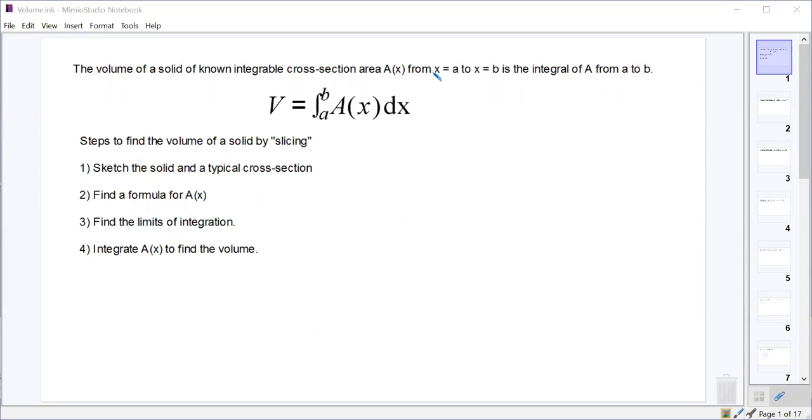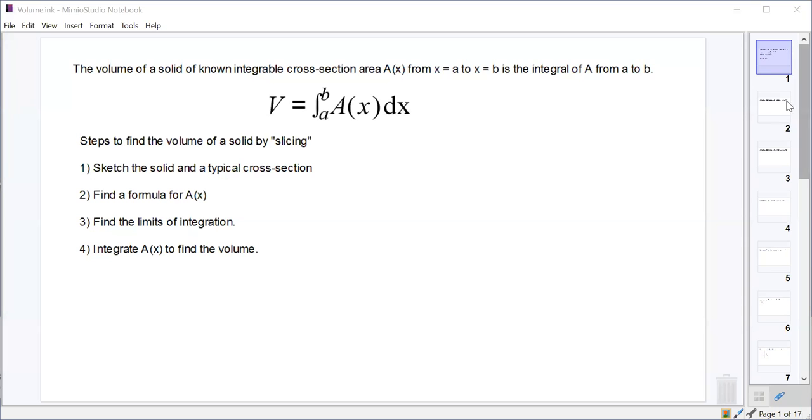Remembering that our integral is just a summation, all we're doing is summing together all these infinitesimally thin little slices. Really, it's the area times the thickness of the slice. The A of x is your area, and the dx is the thickness of each slice. So you're summing together a bunch of tiny little volumes, area times thickness, to come up with the exact volume of the solid.